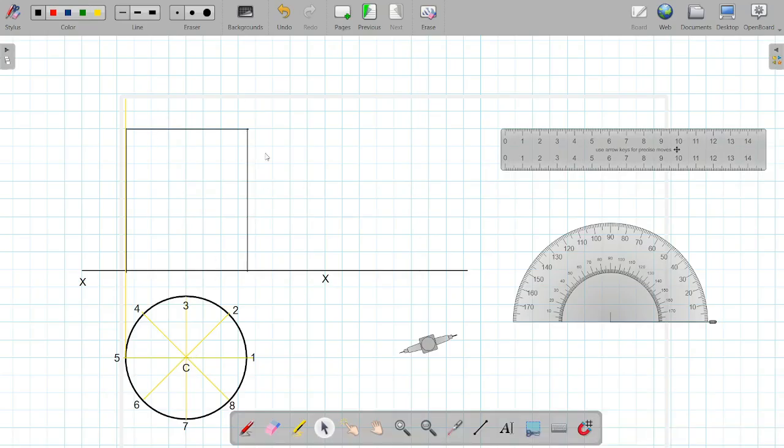Now, after drawing this rectangle of size equal to pitch or height equal to pitch, that is 80, we need to divide this height, or we need to divide this pitch into the same number of equal parts as that of the circle. So we have divided the circle into 8 parts. So we have to divide this pitch also into 8 parts.